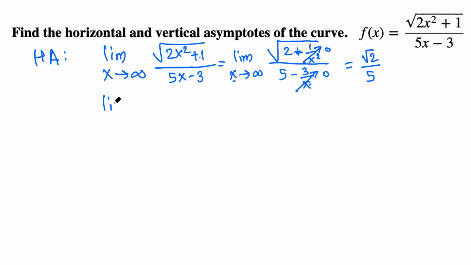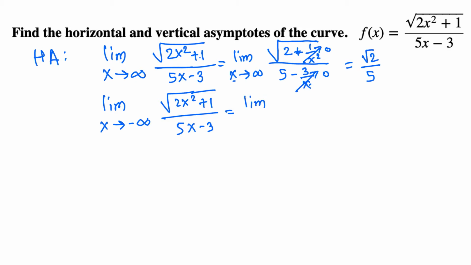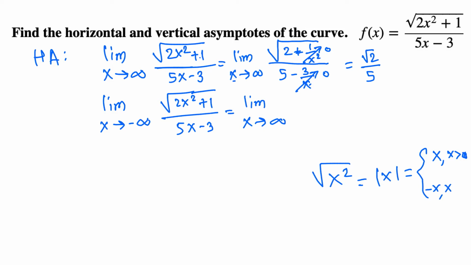In the same way, let's find the limit of the same function when x becomes very, very small. Same procedure, identical work, but we have to be careful. The square root of x squared is always absolute value of x. If x is positive, like in the previous case, this will simply be x, but absolute x is negative x when x is negative.